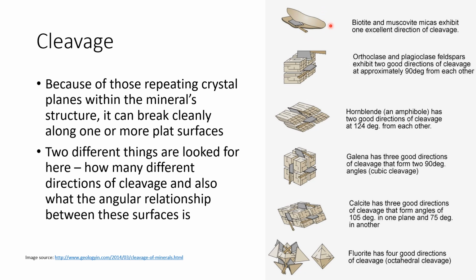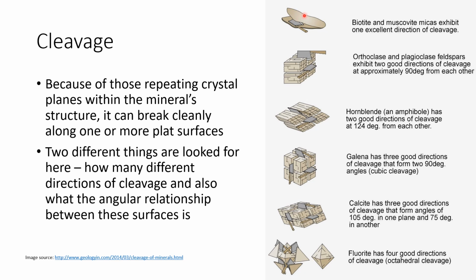Biotite and muscovite have all these covalent bonds linking their sheets together, but in between those sheets they just have a very weak electrostatic force. So you see that along the sheet itself it's much stronger than it is in between. That's why biotite and muscovite show that strong cleavage, one direction of cleavage, because it's in between their sheets.